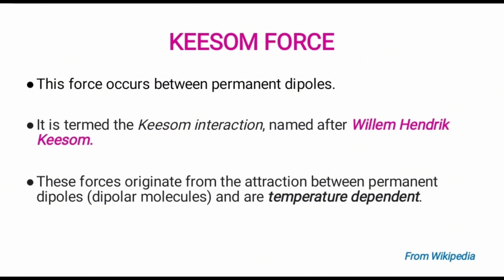If we have two polar molecules, between them there will be Keesom forces. These forces originate from the attraction between permanent dipoles, so dipolar molecules, and they depend on temperature. So Keesom forces are temperature dependent.